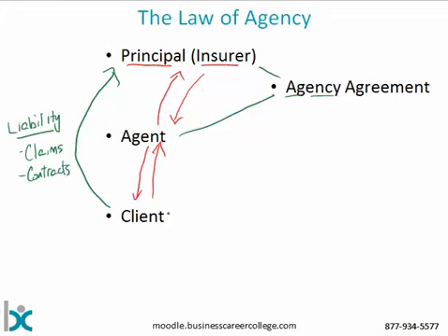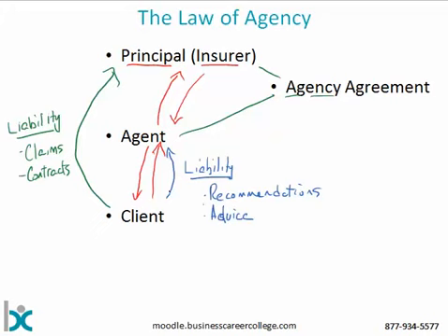Where there's liability between the client and the agent, that is, what is the agent liable for as far as their dealings here, these would be things like the recommendations that they make and the advice that they provide. That's not the insurer providing that, that's the agent providing that advice or those recommendations.